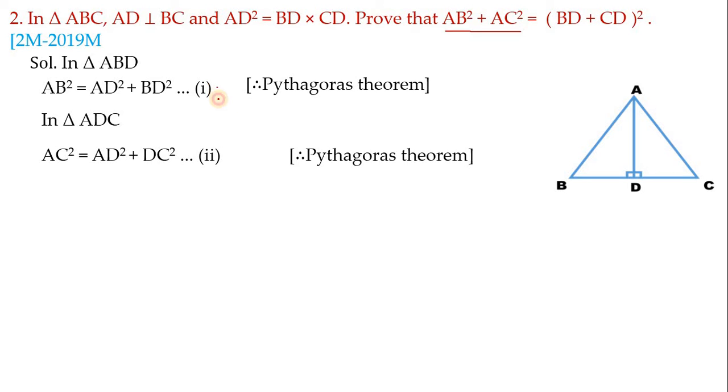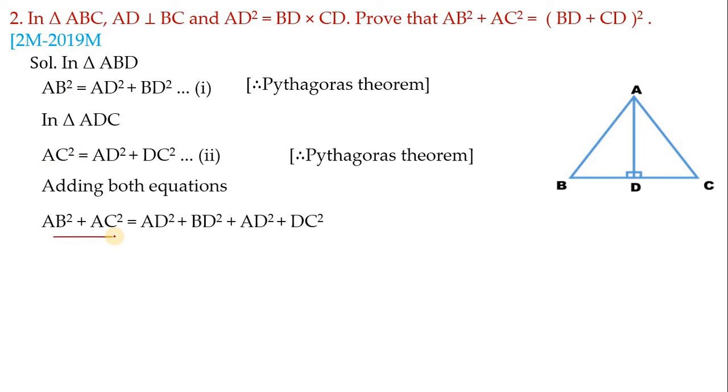So if you add these two equations, on the left hand side you will get AB square plus AC square, isn't it? So, let us add these two equations now. Adding both the equations, we get AB square plus AC square, and similarly add right hand side also. So here AD square plus BD square, and here AD square plus DC square.